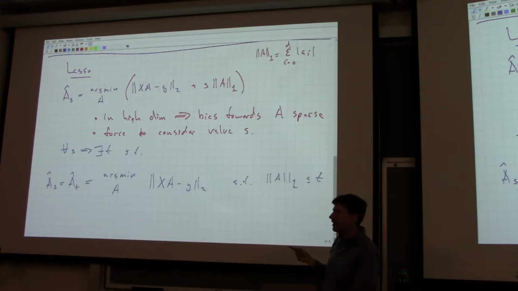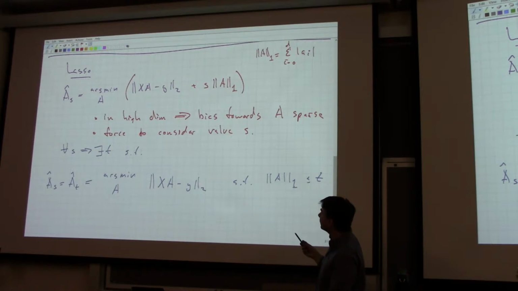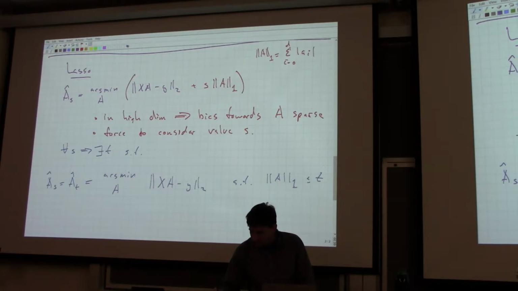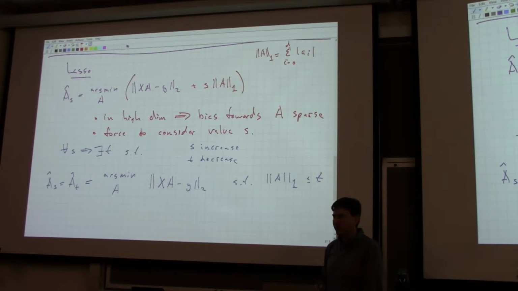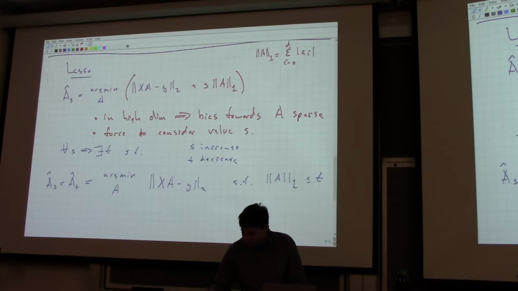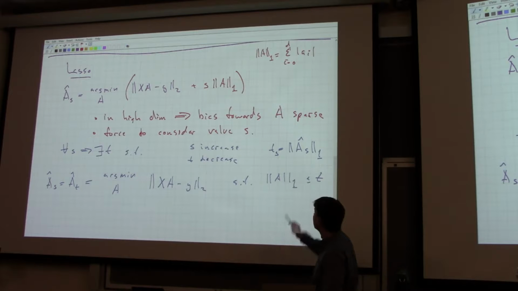Okay, and so how do you see that this is true? As s increases, that means more of a restriction, so t is going to decrease. Okay? So how do I solve this? Well, the t for some value of s is actually going to be the one norm of a_s, right?